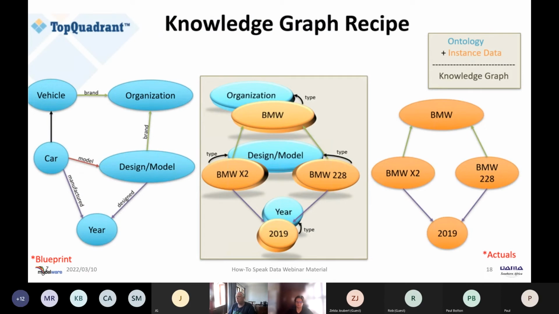So a normal property graph or instance data looks like this: BMW X2 228, and that's what we have in the graph. Now, when you bring the ontology and you link them together and you use that typing, every node that you identify, you'd want to find a link to a type so that you can start the navigation process.